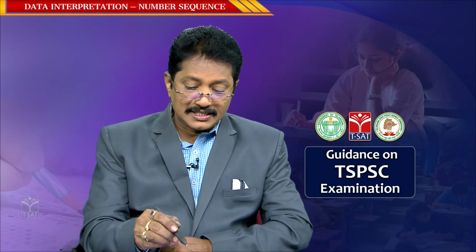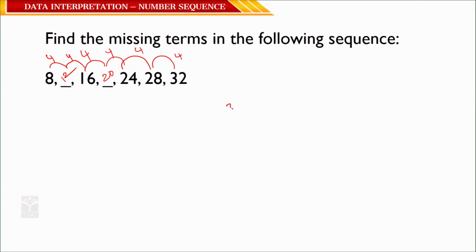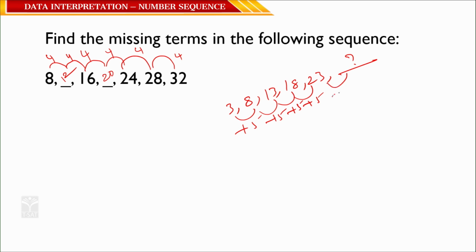For example, if it is given as 3, 8, 13, 18, 23, what is the next? 3 plus 5 is 8, 8 plus 5 is 13, 13 plus 5 is 18, 18 plus 5 is 23, so 23 plus 5 is 28. So the next number is 28, understand.